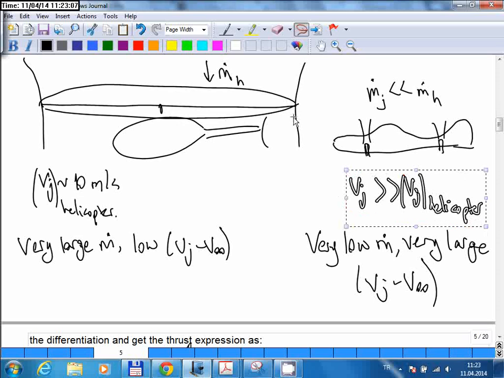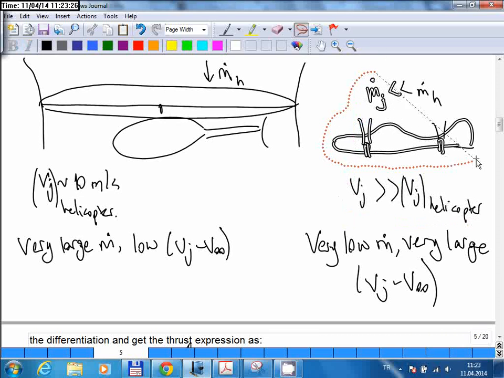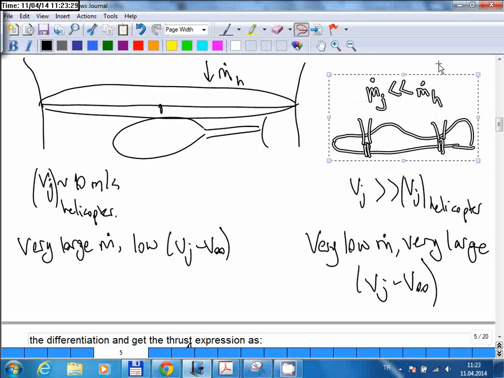A helicopter can hover for more than an hour with a certain amount of fuel, but with the same amount of fuel, a Harrier can hover for just a couple of minutes.